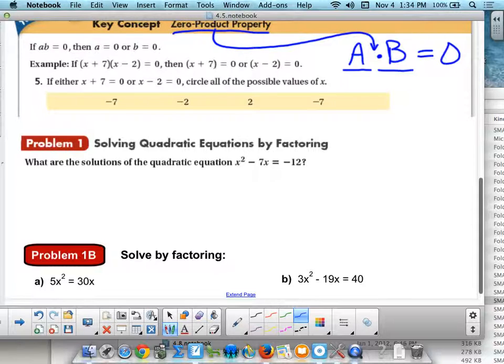One has to be 0. So either, if A times B is equal to 0, then A must equal what? 0. Or what?